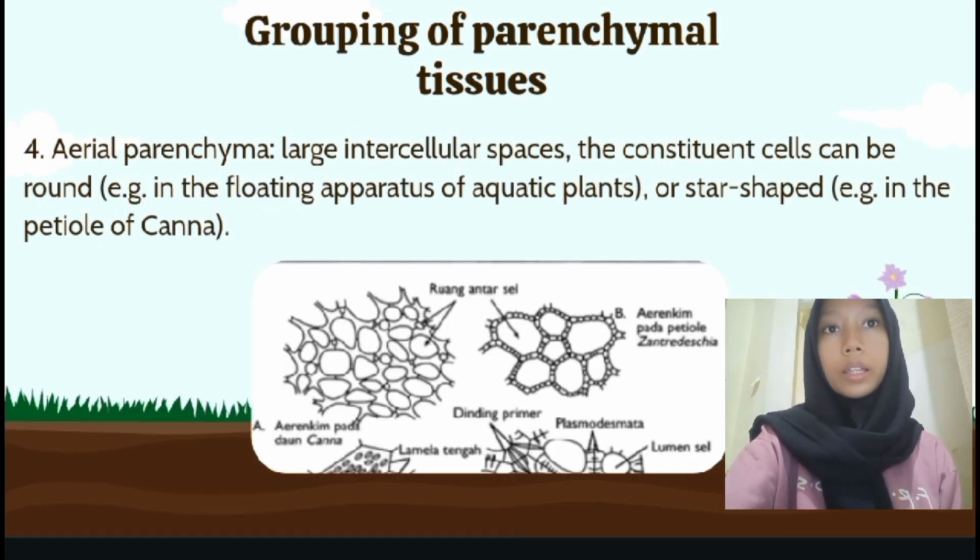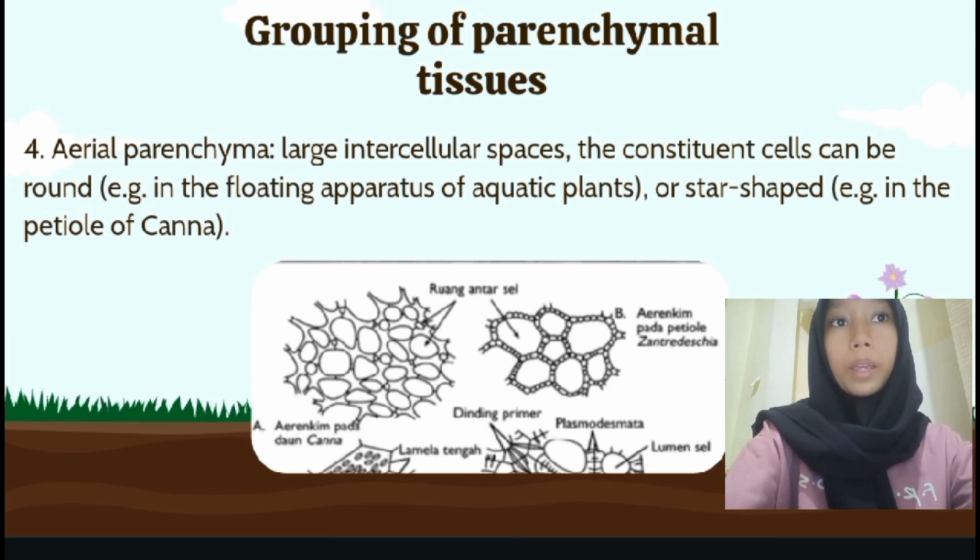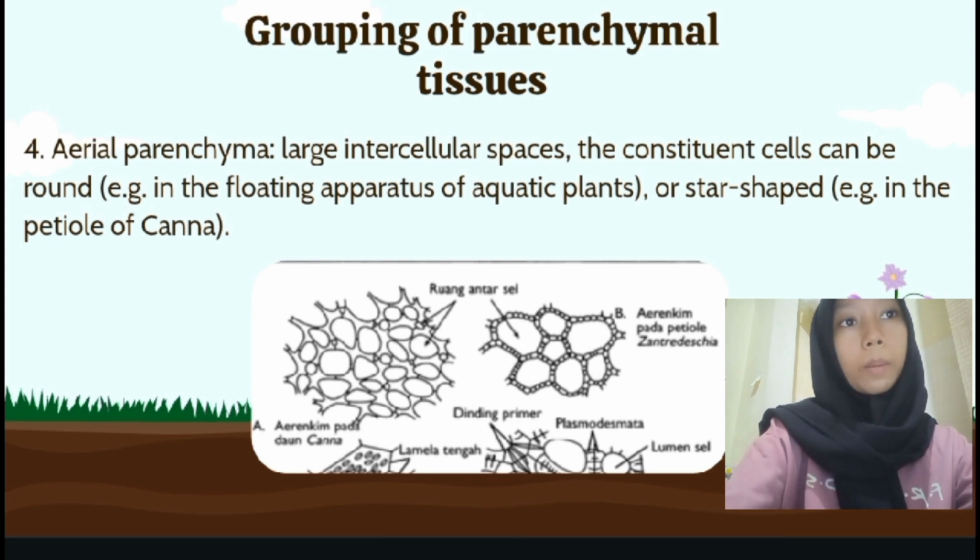Fourth, aerial parenchyma, with large intercellular spaces. The constituent cells can be round, for example in the floating apparatus of aquatic plants, or star shaped, for example in the petiole of canna.